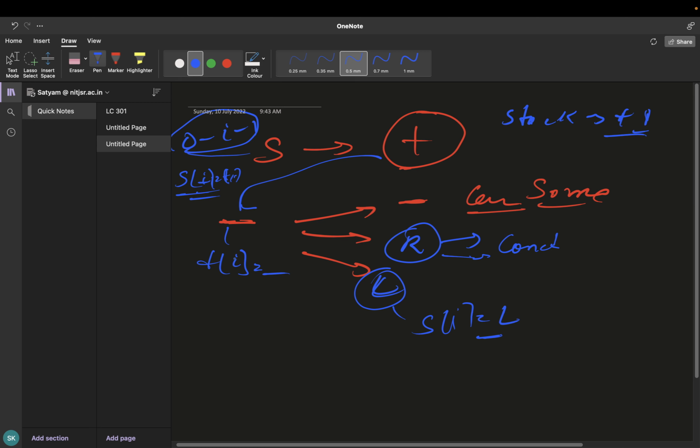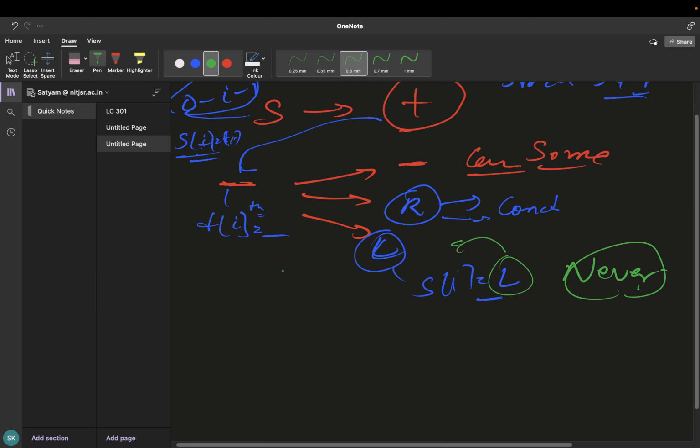And for the ith index, if T of I is dash and S of I is L, then it's never possible to move this L to the left side because we have already matched all the same strings. So here we have to return false.